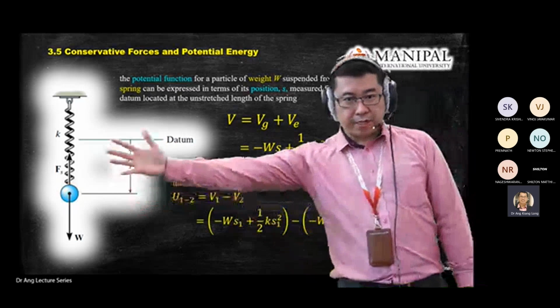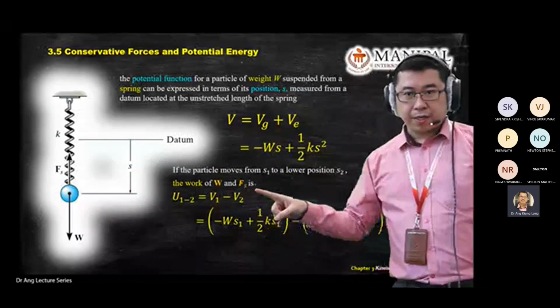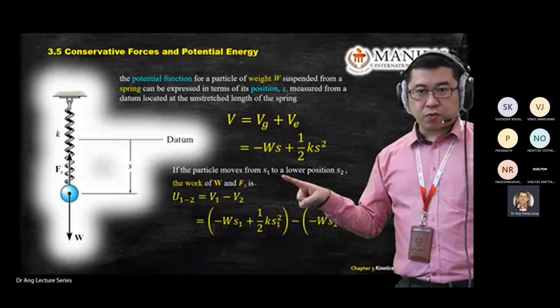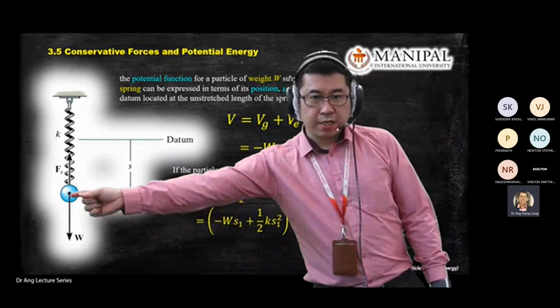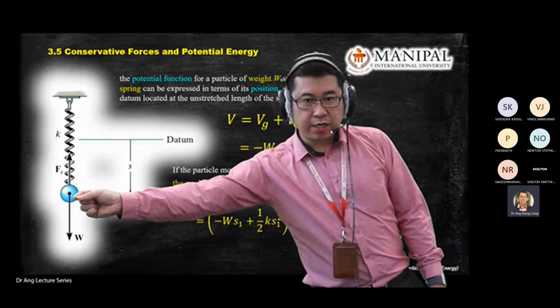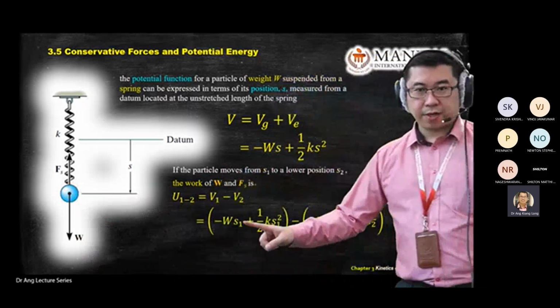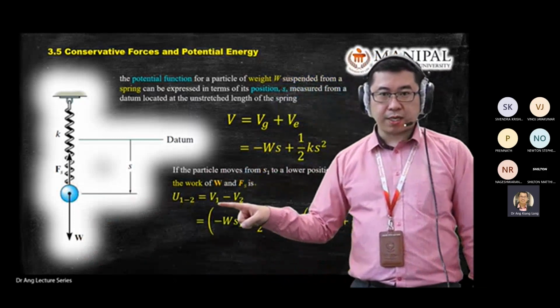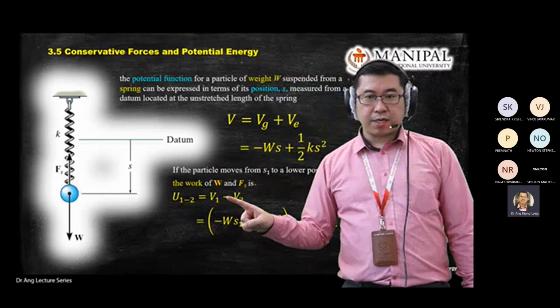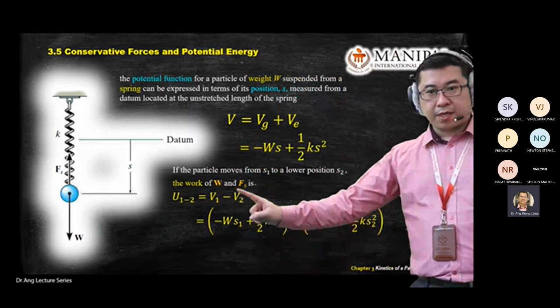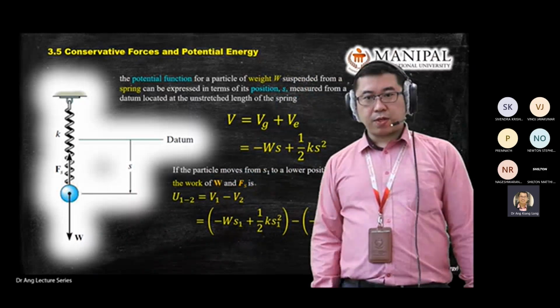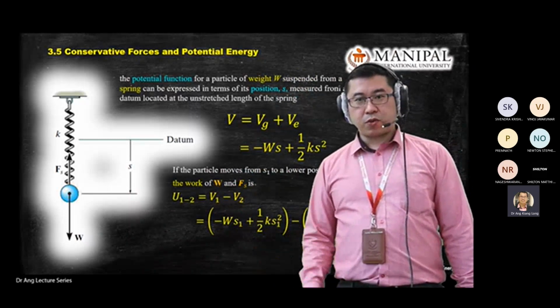If you look at this setup, the particle moves from S1 to a lower position S2. This is S1, and if it moves further down, what happens to the work done? Work is V1 minus V2. How do you get V1 minus V2?